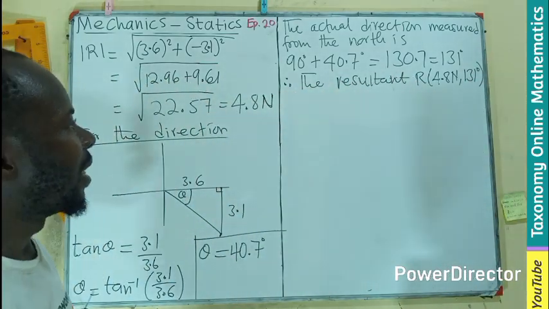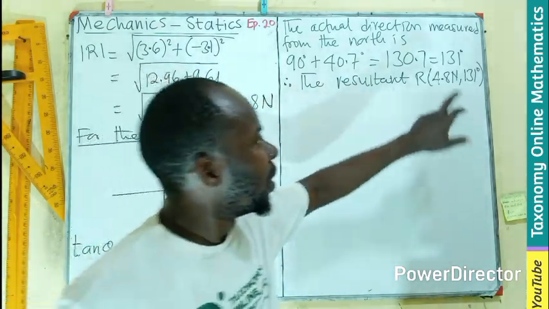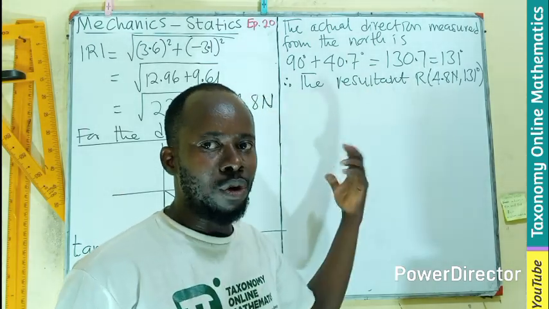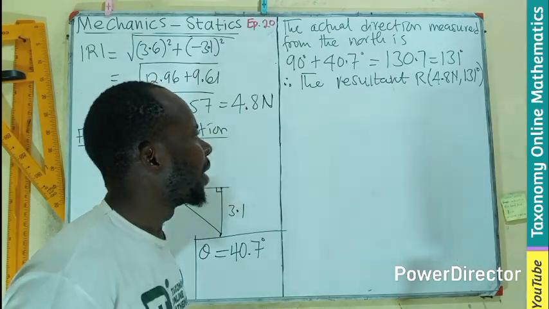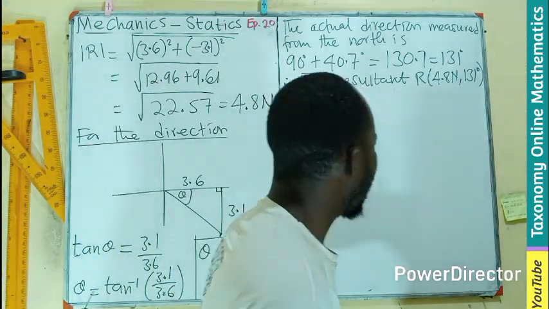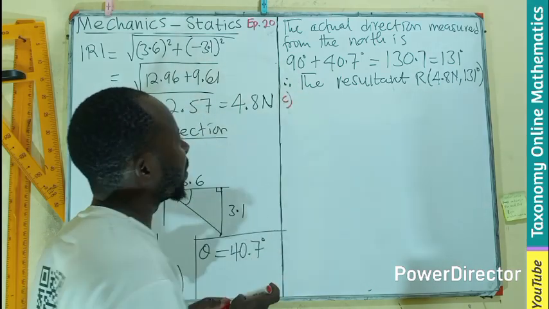So we have the magnitude. It says find the magnitude and direction. So the magnitude is 4.8, or better still 5 Newton, if you are doing whole numbers, then 131 degrees as the bearing. I guess the procedure is clear for you. If not, you can leave a comment in the comment section.